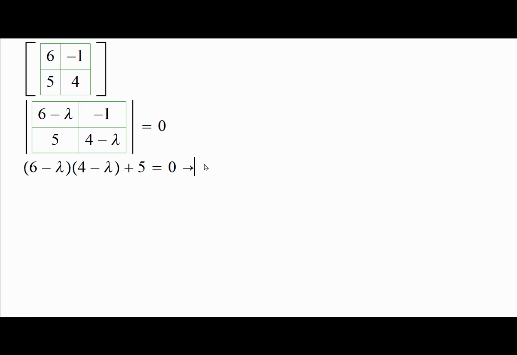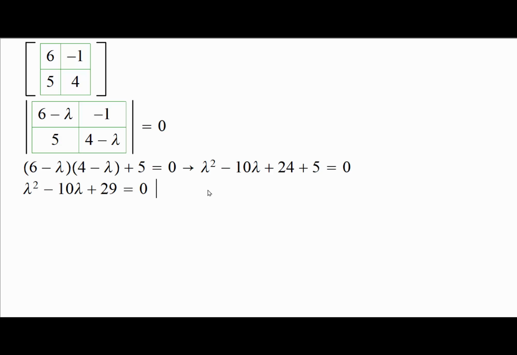We get lambda squared minus 10 lambda, plus 24, and then plus 5 equals 0. So this gives me lambda squared minus 10 lambda plus 29 equals 0.